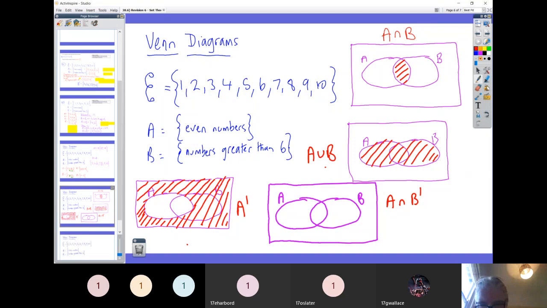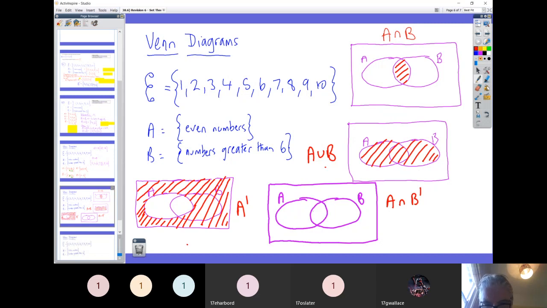So we've got to be in A, which is obviously the whole of the A rugby ball, but at the same time we mustn't be in B. Now that's all of B, isn't it? We mustn't be in B, so we mustn't be in any of that area there. So that also includes that bit there, and that bit there.